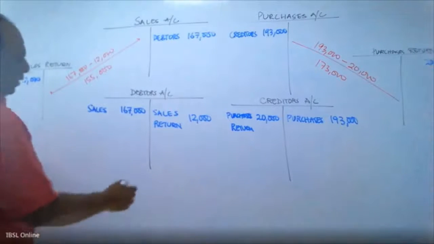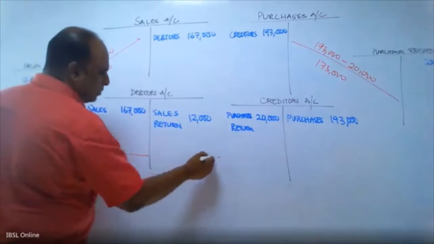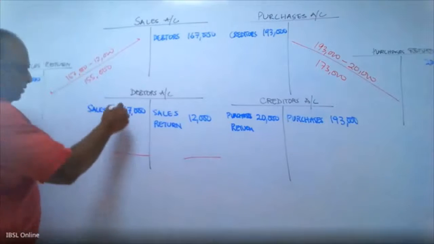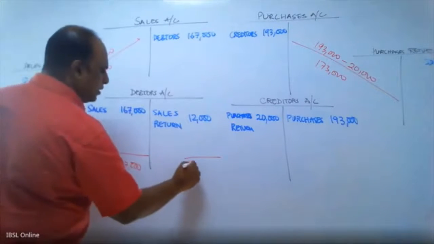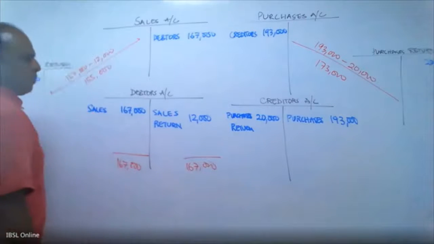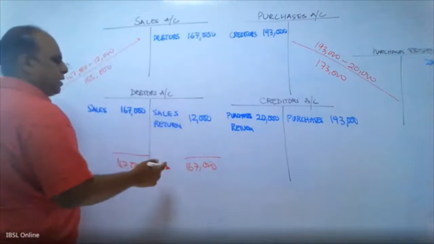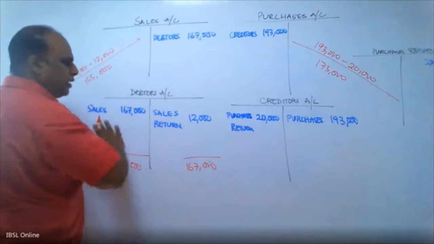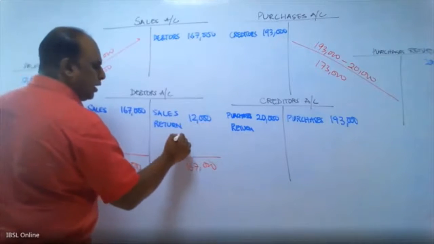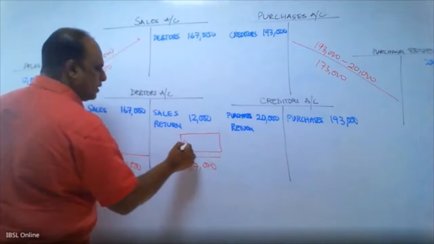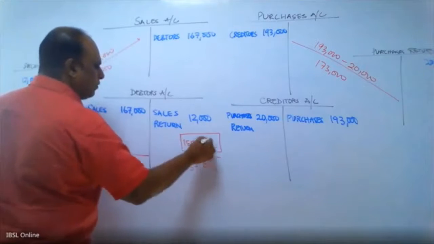But what will happen to your debtors account when you try to balance it? So 167, 167. You need to now balance this account. Left side is 167, right side is 167, but you have only 12 on the credit side. So I need to bring in a balancing figure, which is 155.